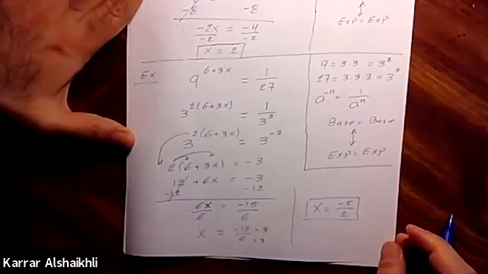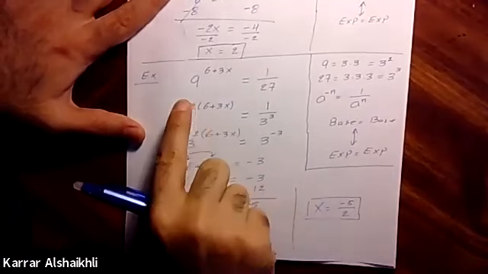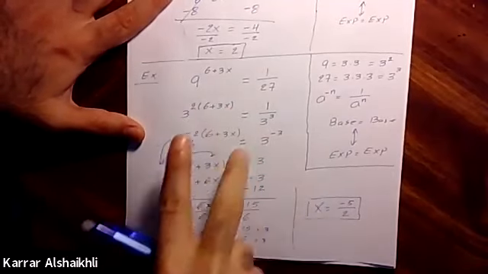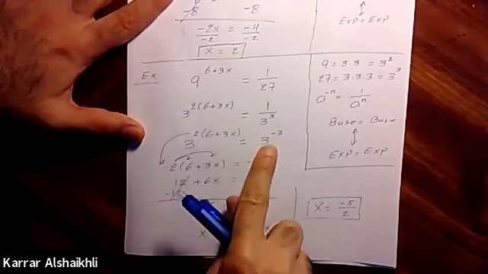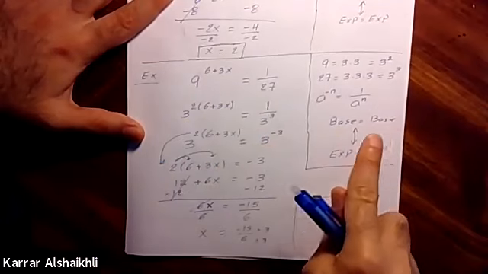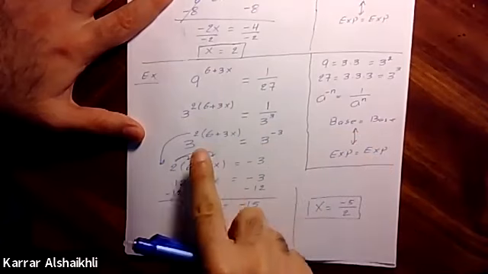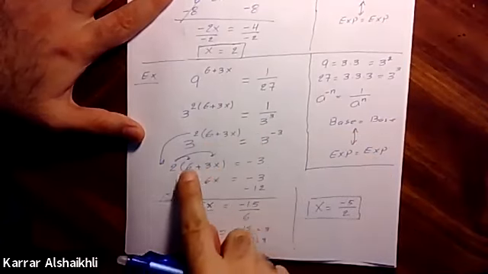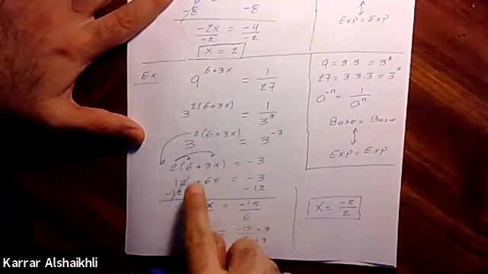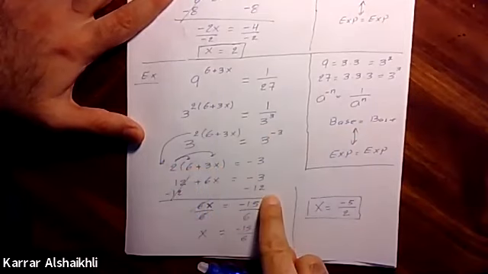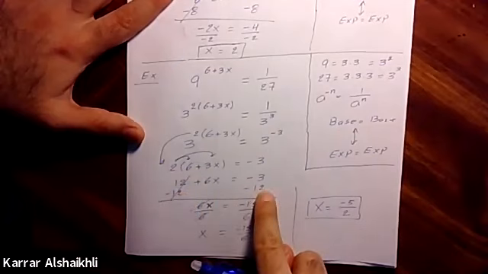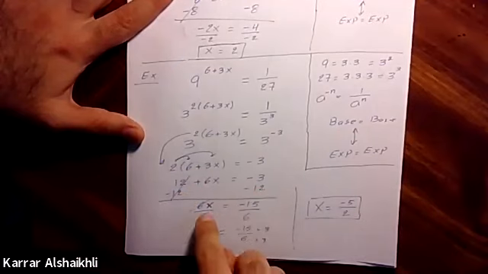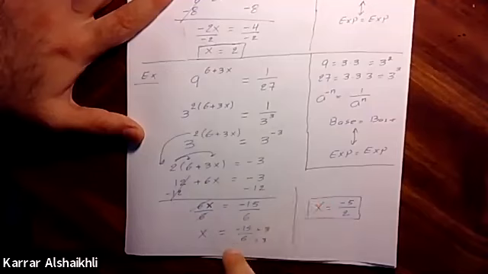So the same process, but I have to analyze both sides so I can get equal bases. There's a rule that says if you have equal bases, that means you have equal exponents. So we're going to get equal exponents, and the rest is just solving a linear equation. Distribute here, then move the 12 to the other side by subtracting 12 from both sides. The leftover is 6x, divide both sides by 6. Then simplify.